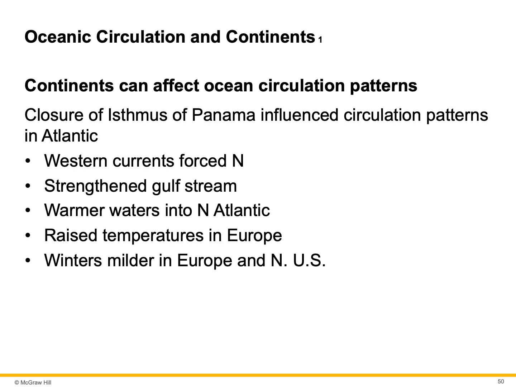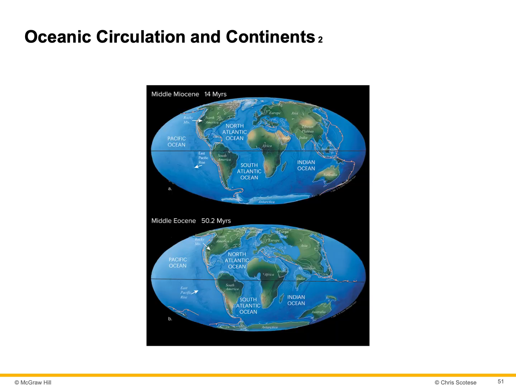It raised temperatures in Europe, and the winters were milder in Europe and the northern United States. This shows the distribution of continents and oceans between 14 and 50 billion years ago. The Isthmus of Panama was open, which allowed the water to circulate between the Atlantic and the Pacific Oceans.